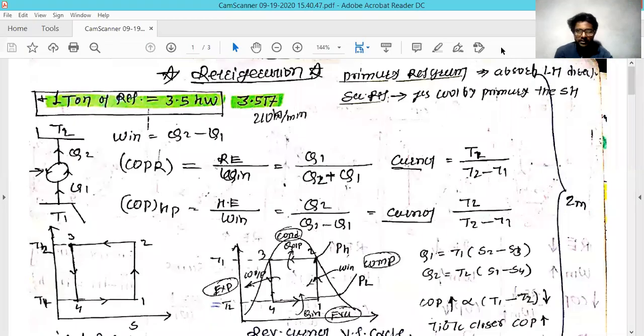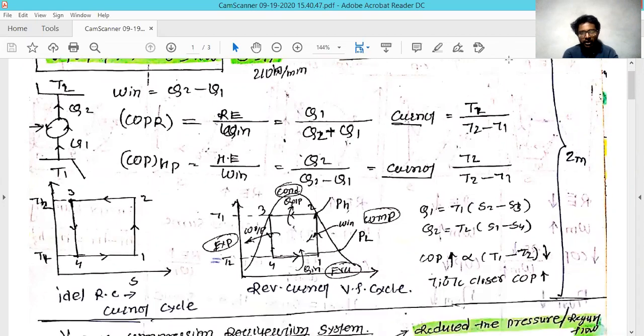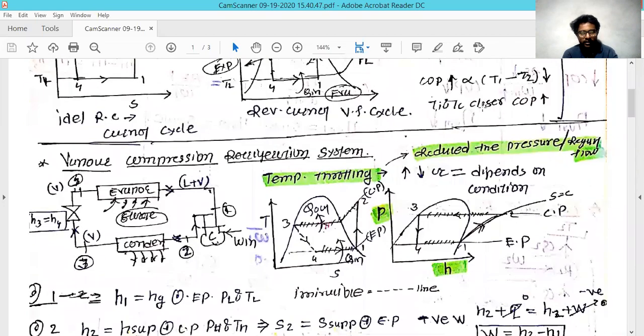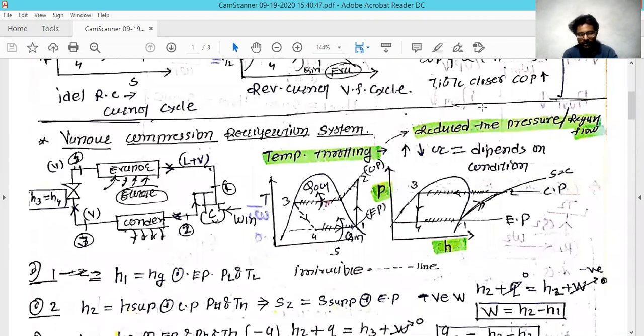In the last lecture, I explained the vapor compression refrigeration cycle. In that cycle, I explained the working principle of each and every component, and we also explained the refrigeration cycle on the basis of the Carnot cycle, which we have also drawn on the TS and PS diagrams.